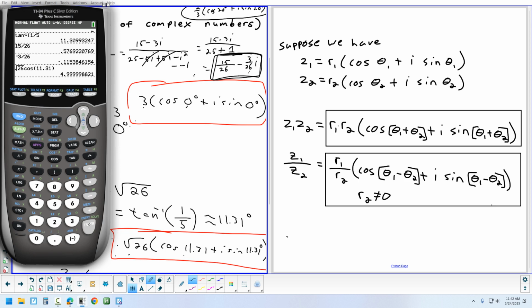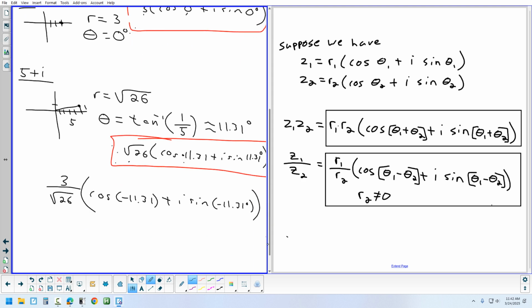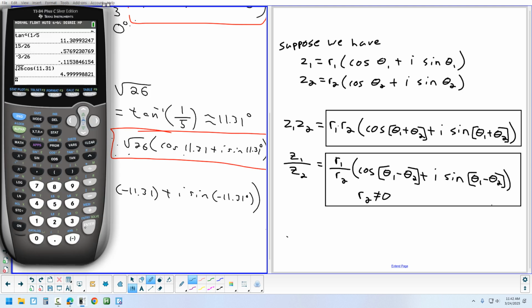Oh, what did I forget? I forgot my negative. I thought I wrote the negative in. Let me type it in again. So cosine, I looked at the wrong thing. Negative 11.31. We're looking for 0.5769.